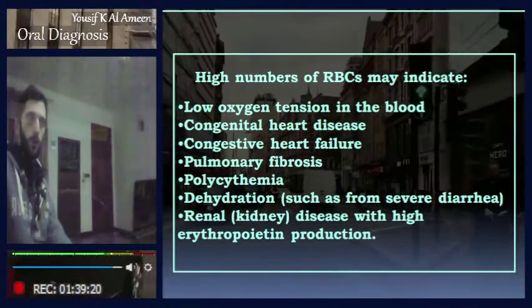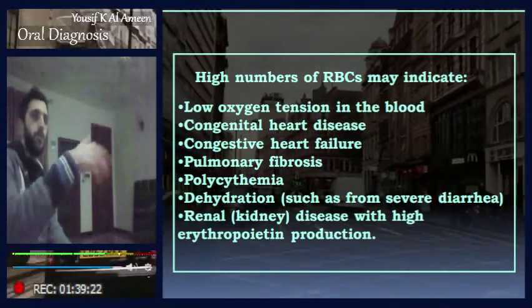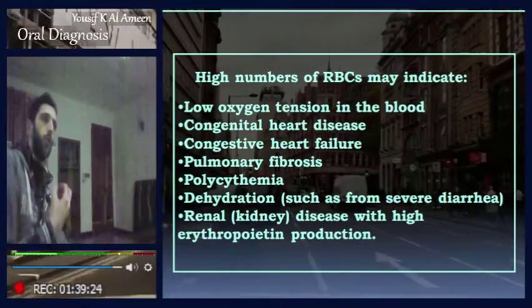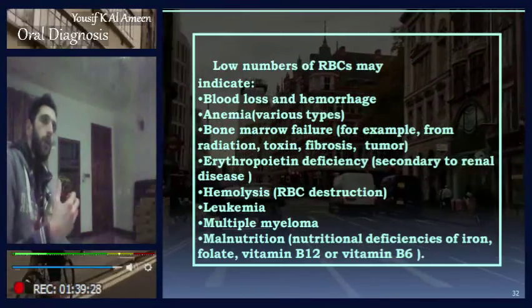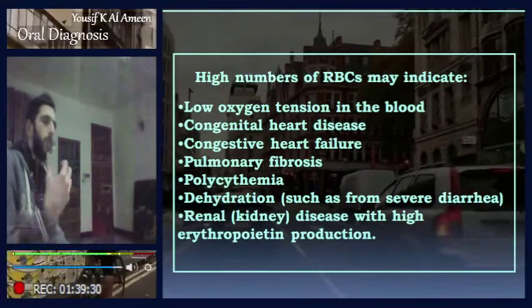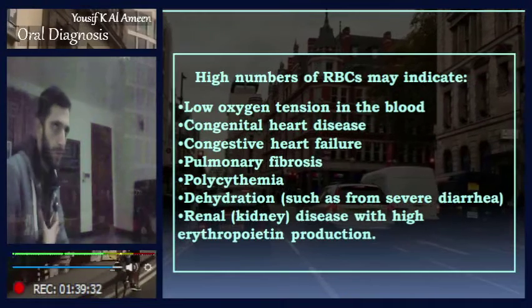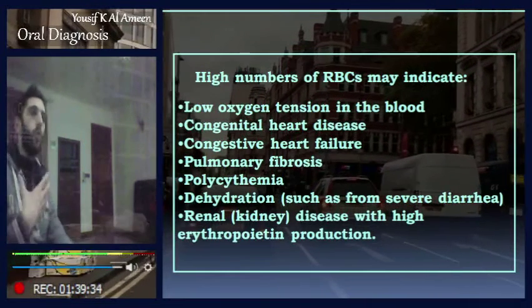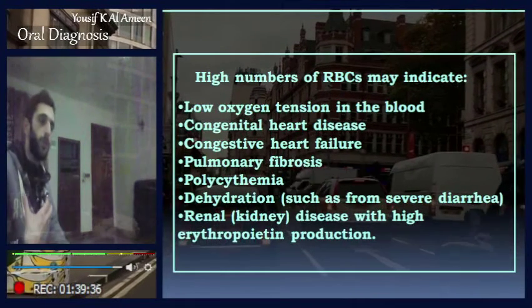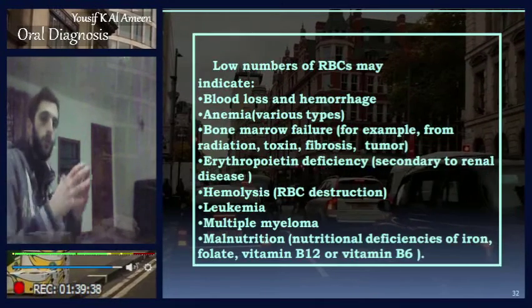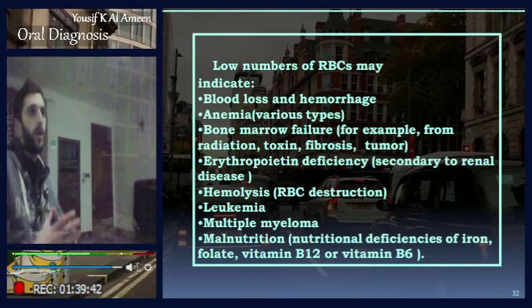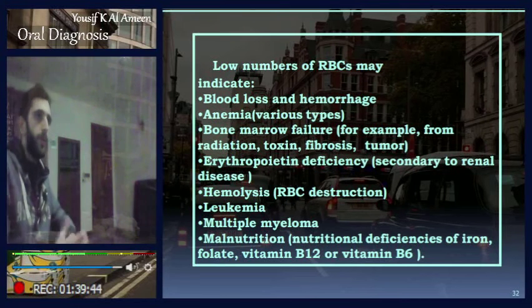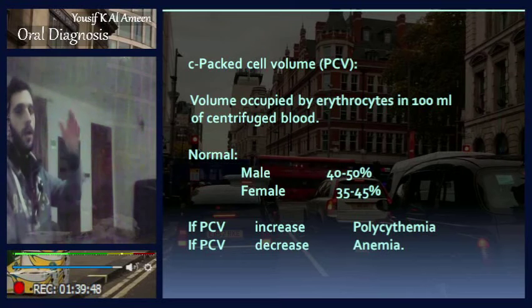Quick review: a high number of RBCs could indicate congestive heart disease, low oxygen, pulmonary fibrosis. A low number of RBCs may include blood loss, anemia, hemorrhage, malnutrition.